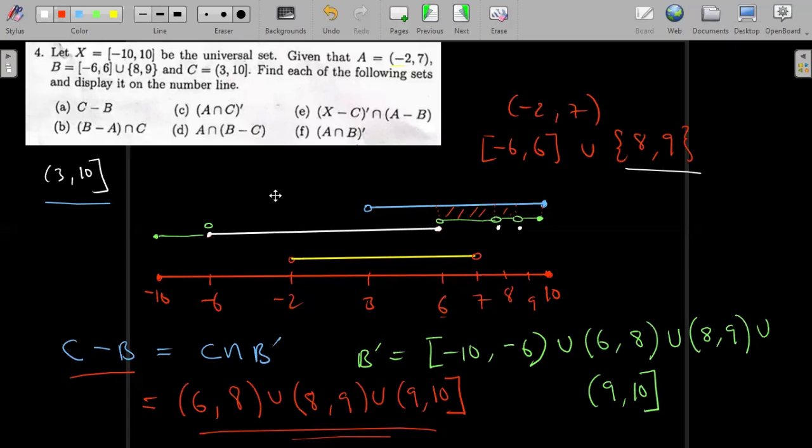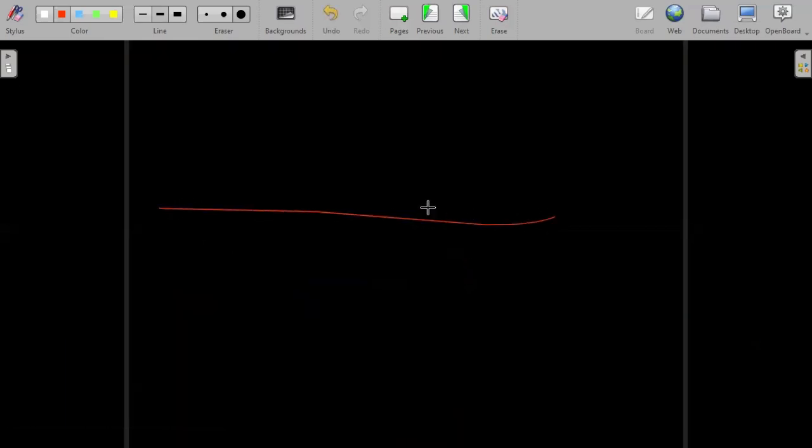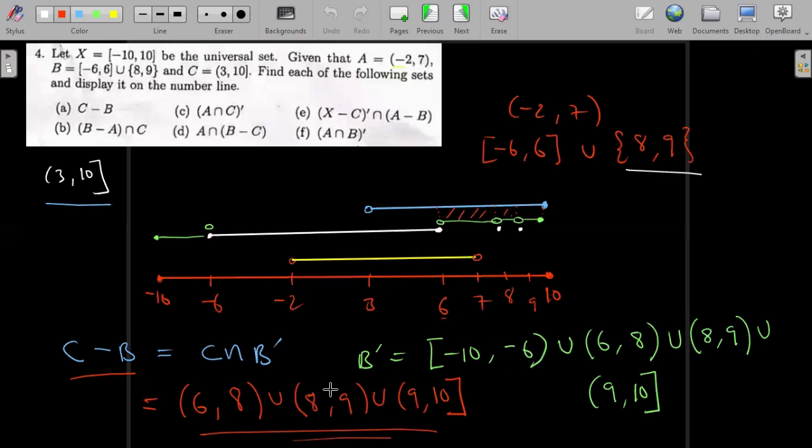So check out now. We're moving from -10 to 10, and from what we just found, we move 6 to 8, 8 to 9, and 9 to 10.